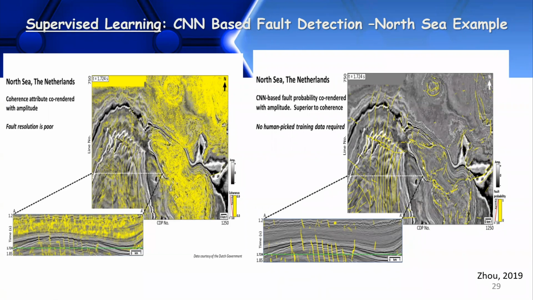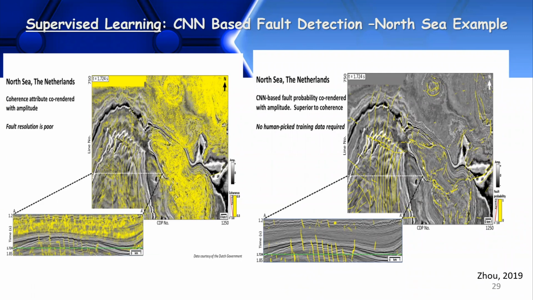It did an okay job, but when you look at the time slice, the resolution of the cross-cutting faults is not that great. So on the right-hand side, we have the CNN-based fault probability volume co-rendered with the same amplitude volume. Now, no human picked data was required to generate this result, to generate this volume.